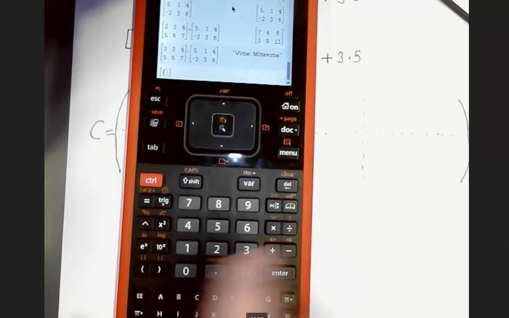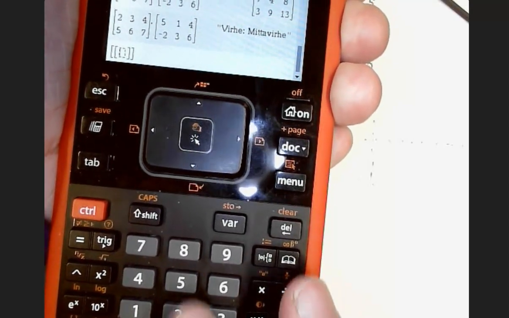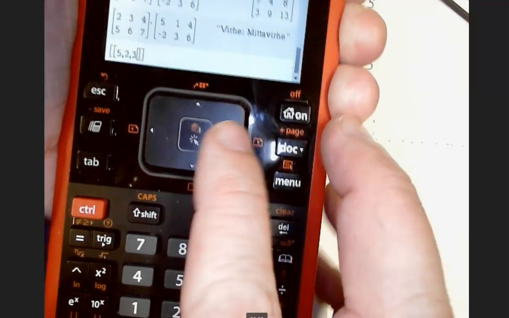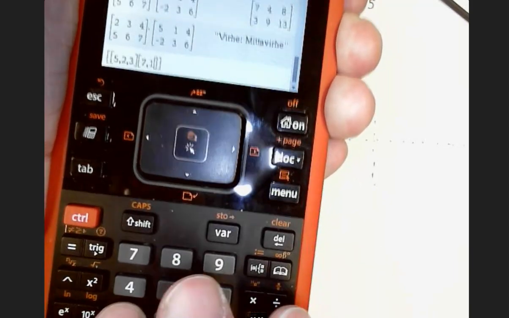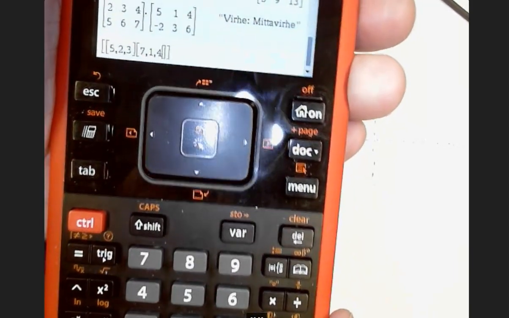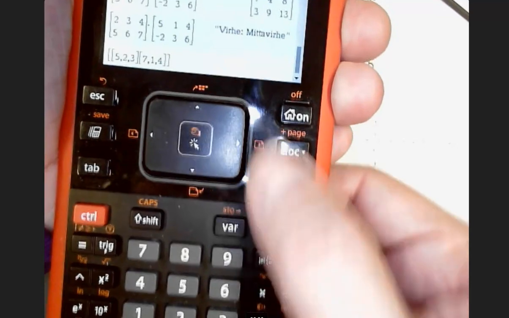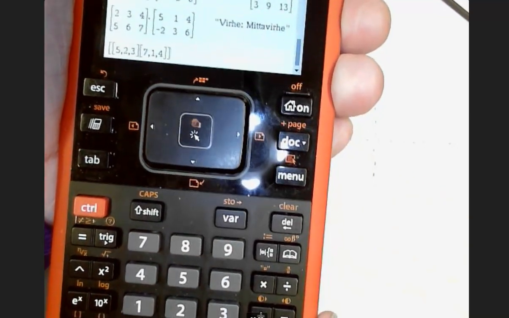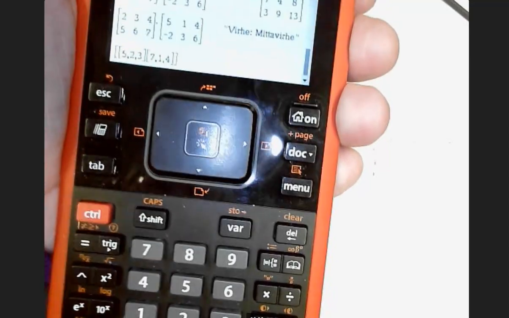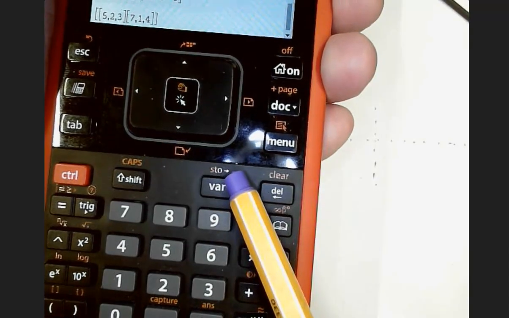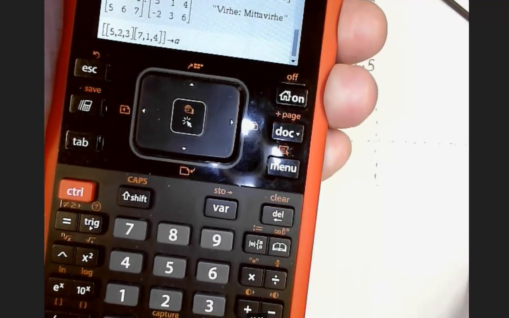Again, I will use these square brackets, and then the first row, it will be 5, 2, 3, and then the second row 7, 1, 4. So here are the elements of the first matrix, or this is matrix A. In this calculator I may add this to memory as matrix A. Here is a store button here. I choose that and choose that this is matrix A.